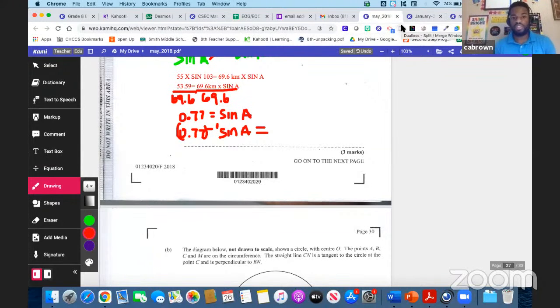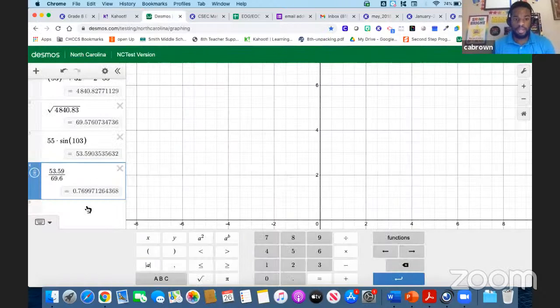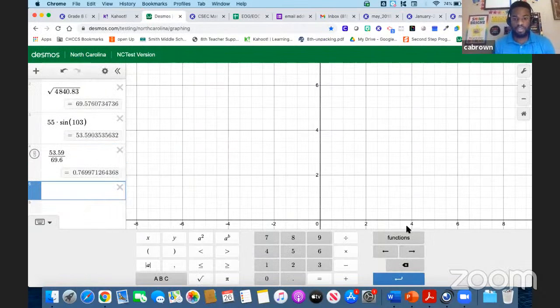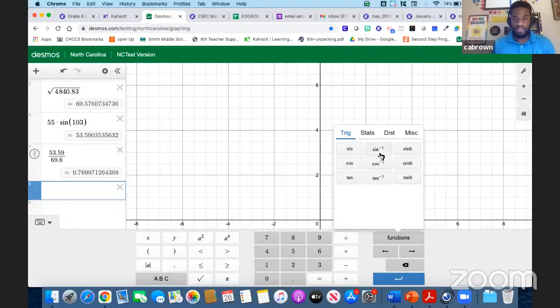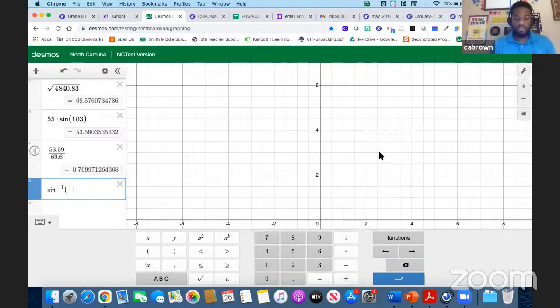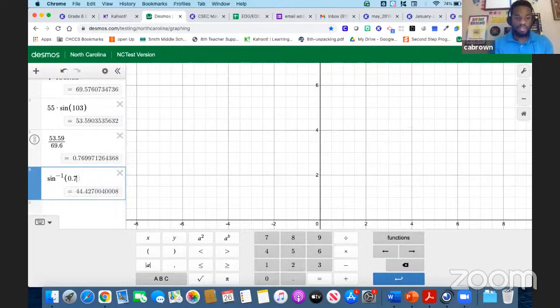Some calculators will say shift, some will say second function. Mine, I think, says shift. Second function, 0.77, and that is 50.4.